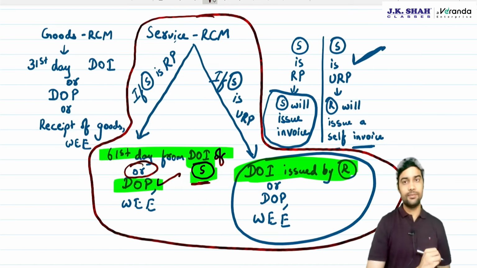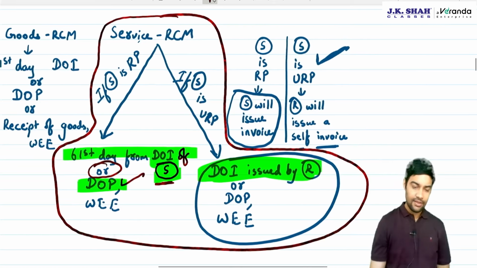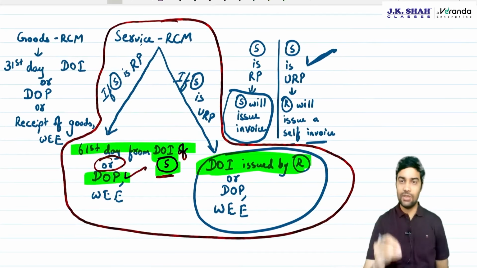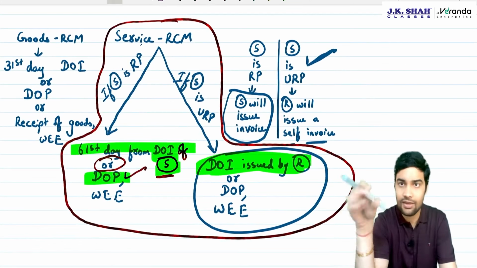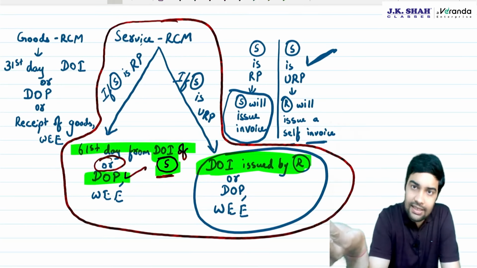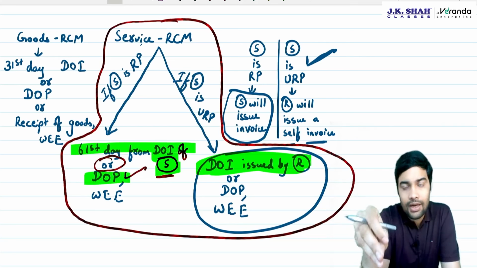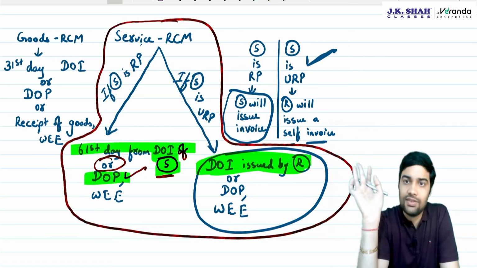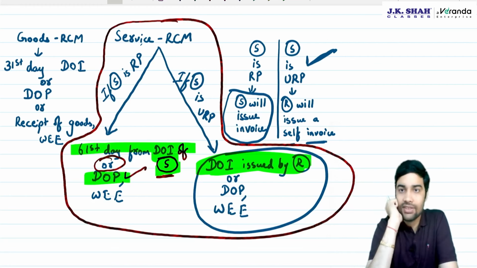This part, what does it say? If supplier has issued the invoice, 61st day from the invoice issued by supplier or date of payment. If recipient has issued the invoice, then date of invoice issued by recipient or date of payment, whichever is earlier. Clear with this? Yes.